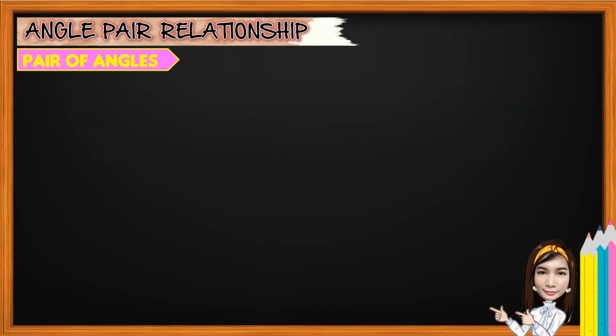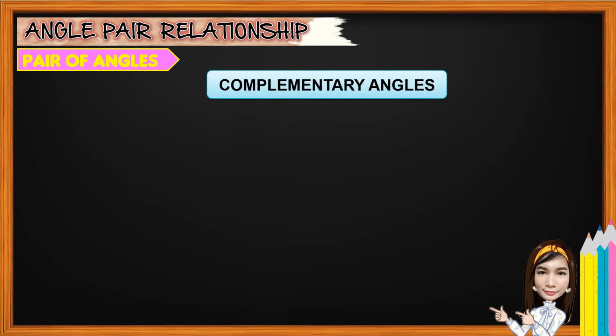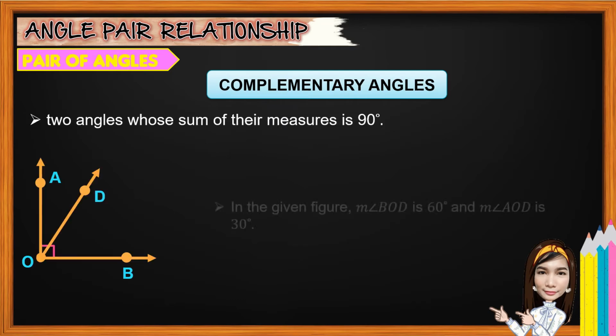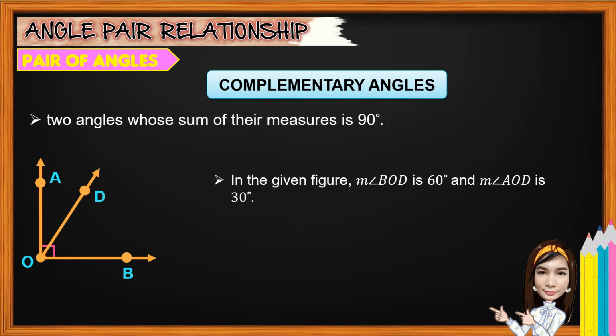Now let's proceed to the angle pair relationships, or the pairs of angles. First, we have the complementary angles. These are the two angles whose sum of their measures is 90 degrees. Given the figure, the measure of angle BOD is 60 degrees and the measure of angle AOD is 30 degrees.